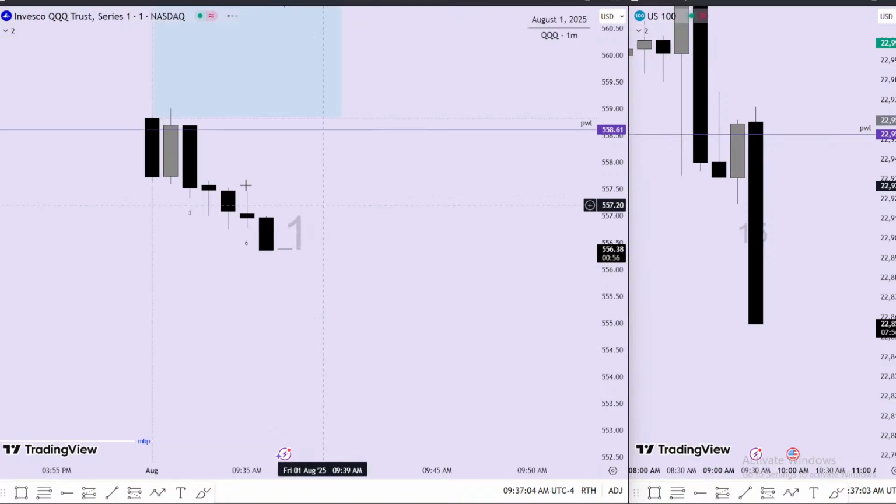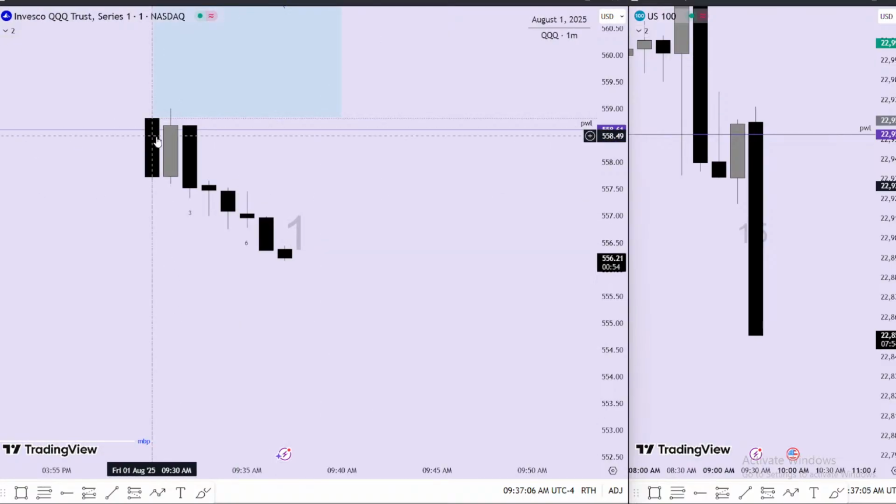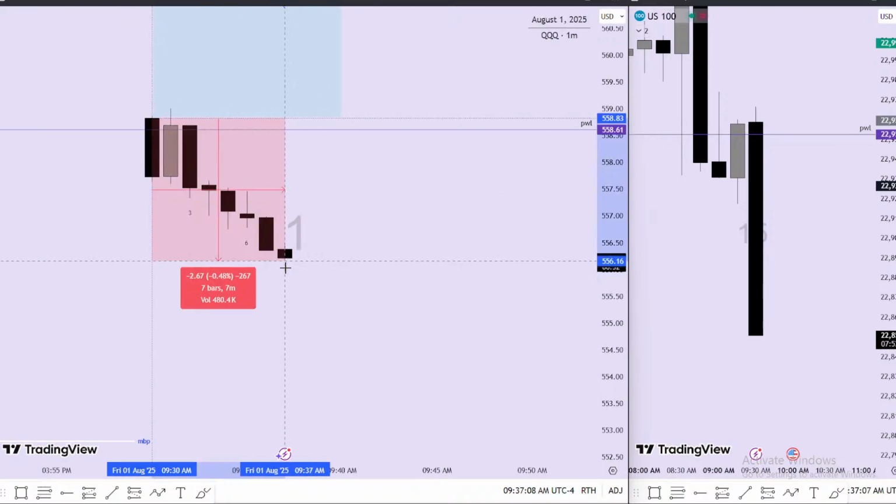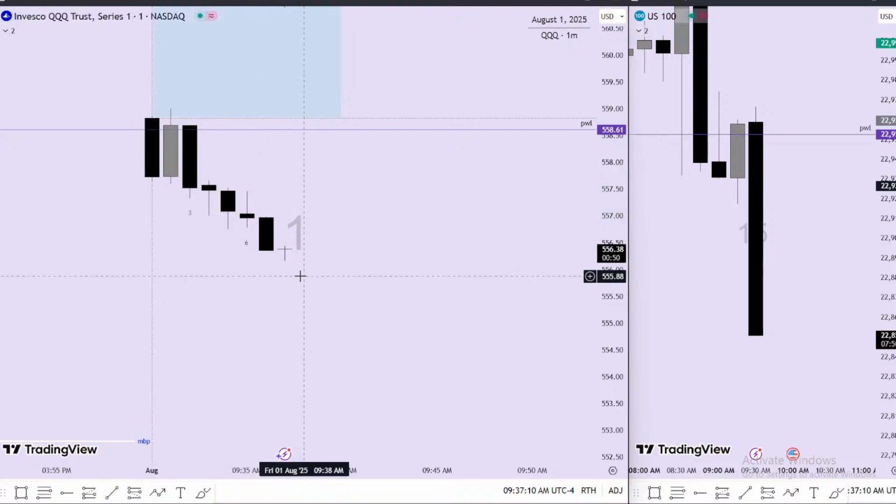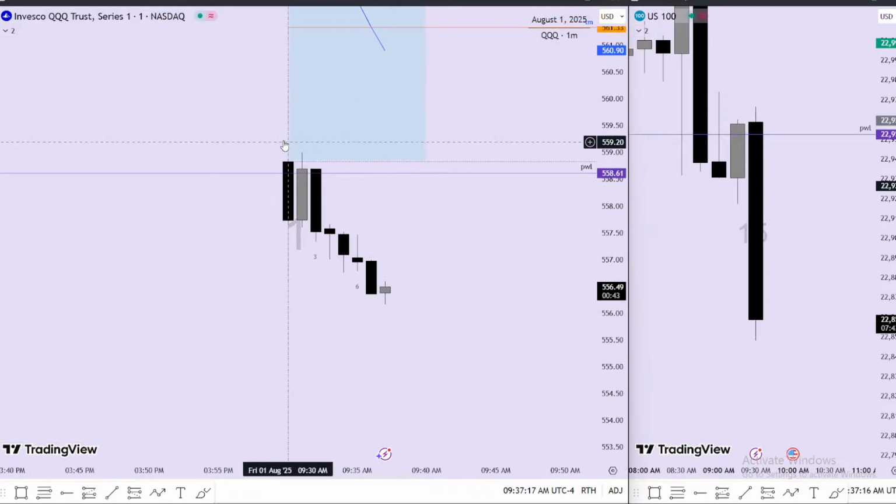If I go down a time frame, we have around 7 candles on the 1 minute, and only a single candle is bullish.